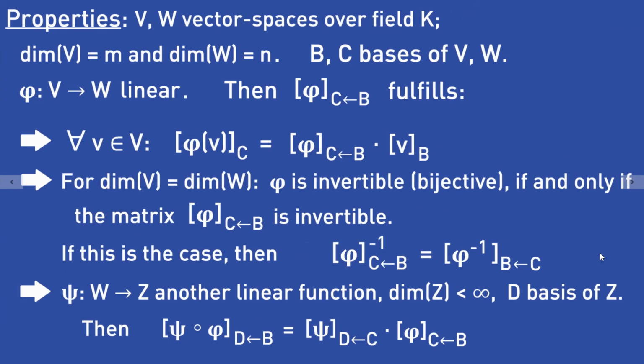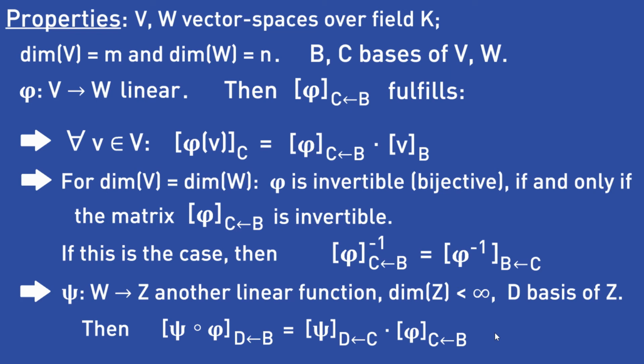Then the matrix representation of the composition of psi and phi, so the matrix representation of psi circle phi from the basis B to the basis D is equal to the matrix representation of psi from the basis C to D times the matrix representation of phi from the basis B to C.